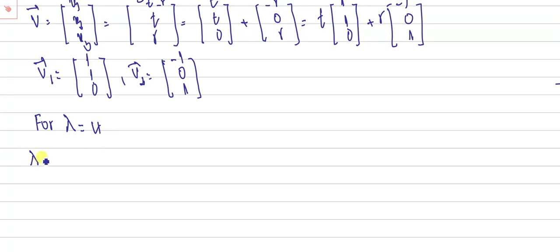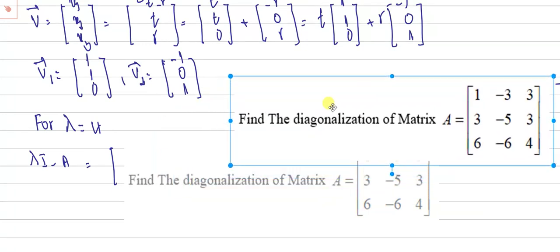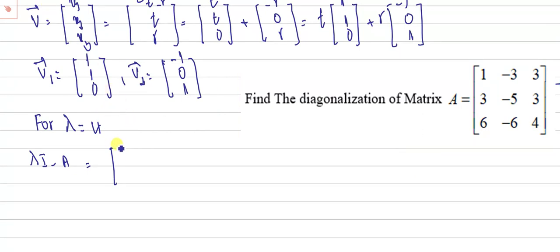So I got lambda I minus A equal to, I can write about the lambda minus 1 and 4 is 3. 3, minus 3 and 3. 3, 4 plus 5 is 9 and minus 3.